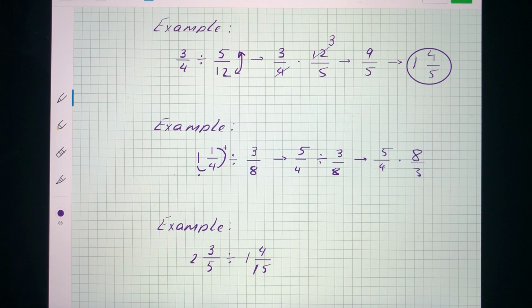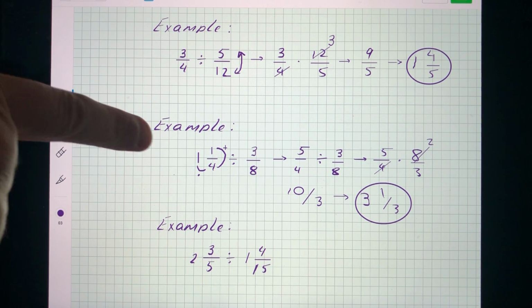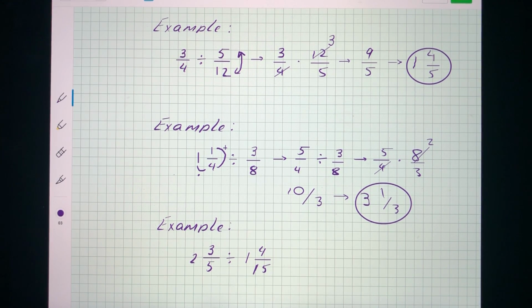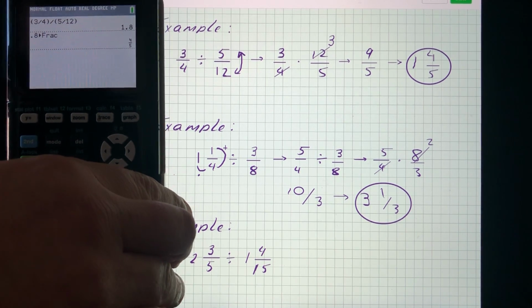Once again, the next step is to reduce. 4 goes into 8 twice, which makes 5 times 2, that's 10, divided by 3. 10/3 is the same as 3.333, which is 3 1/3. That's our final answer. To type it in the calculator, we would use the trick of typing in 1 1/4 as 1 plus 1/4.